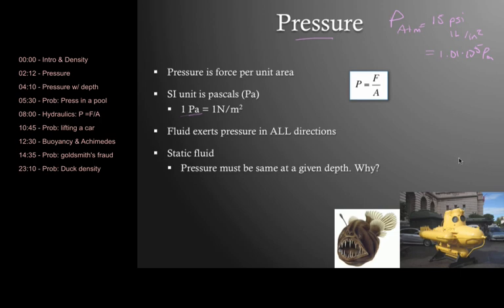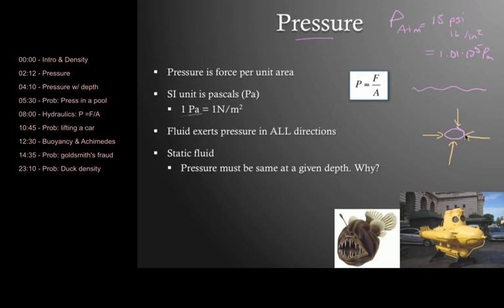So in a fluid, the air could count as a fluid, water is a fluid. All right, here's our surface, and we're going to have some object sitting in the water. There are forces in all directions on this object. The water is pushing in from above, pushing in on the side, pushing in from the bottom, pushing in from this side.